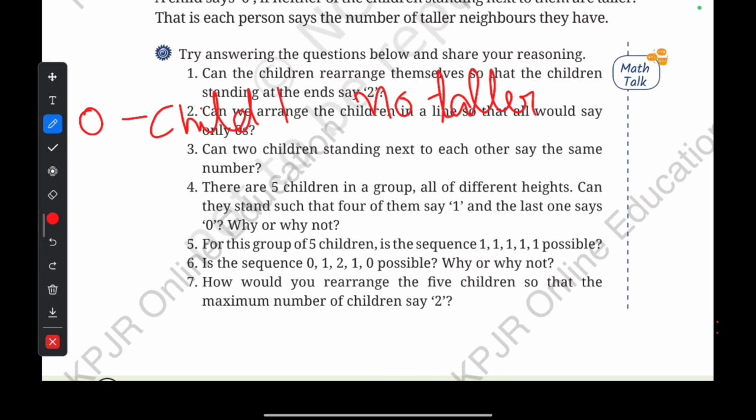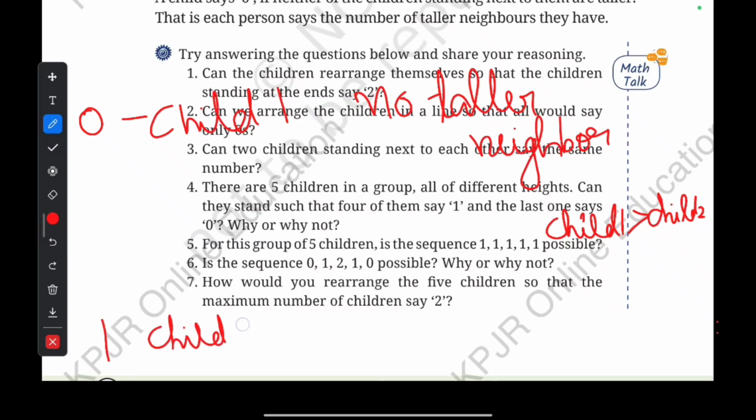Is it visible, or shall I share the white screen? Do you understand? So this means child 1 is greater than child 2. Correct? If the value is 1, child 2 has a taller neighbor. Child 2 will have one taller neighbor. Right?